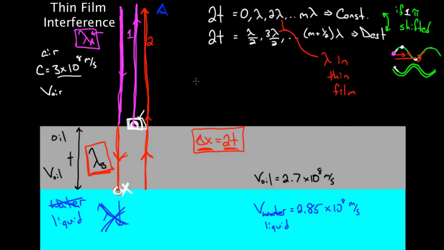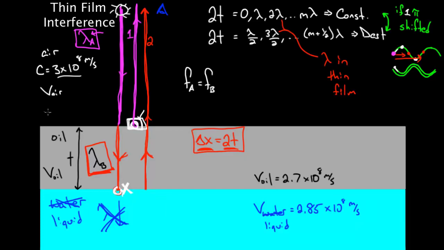The frequency in material A is going to equal the frequency of the light when it enters material B. Frequency is determined by the source. If it's the sun or the laser that emitted that light ray, that's what determines the frequency, and that stays the same whether it reflects or refracts, no matter what it does. That's a useful thing to know, and it's useful here because, how do we relate this to wavelengths?